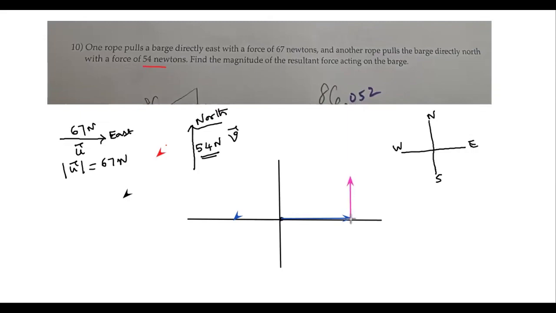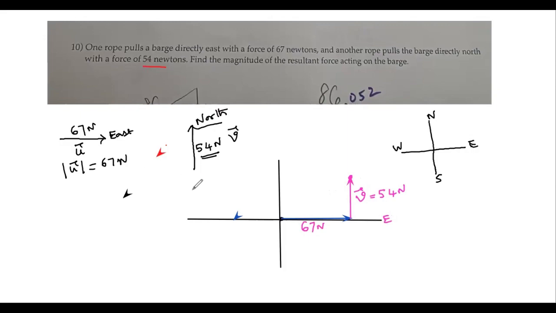This is a bit smaller vector because the modulus, the length of the vector, is 54 newtons. So from there we again have a vector V bar, which is equal to 54 newtons. Okay, so this is your final position.